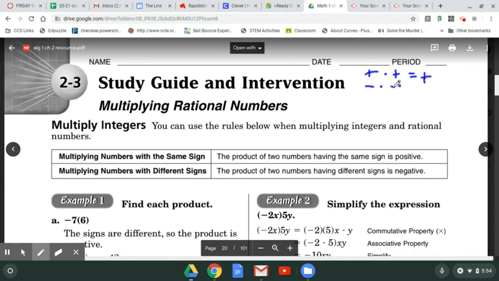A negative times a negative also equals a positive. Then a negative times a positive equals a negative, and a positive times a negative equals a negative.